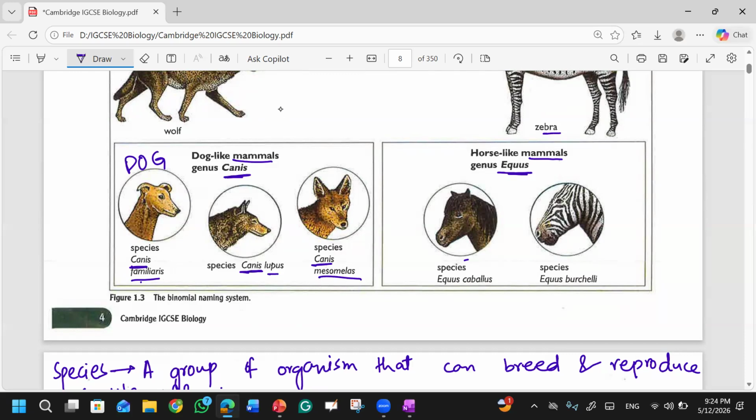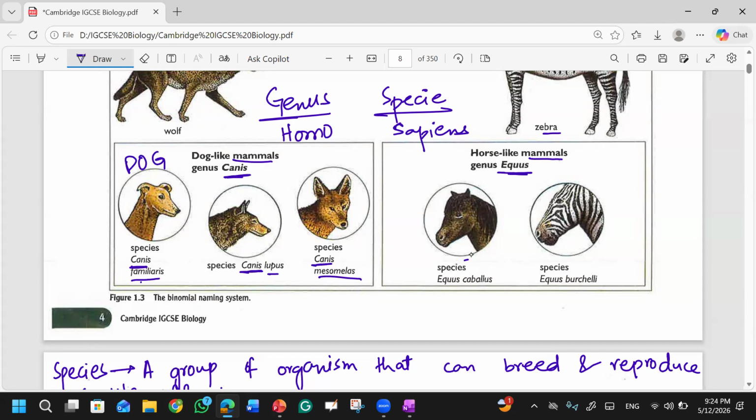The genus will always come first. You will have this sequence: there will be genus, then there will be the species name. Just like I told you, Homo sapiens, and the s will be small.